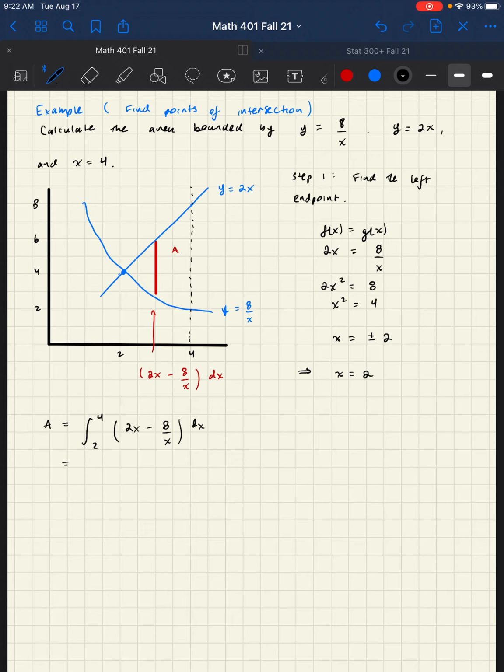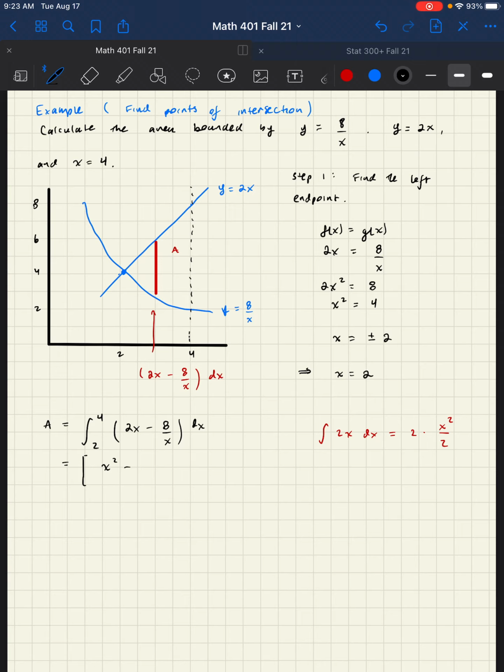And we're going to use an assortment of power rules here, okay? So first of all, the integral of 2x dx is going to be 2 times x squared over 2, and that's why the 2's cancel.